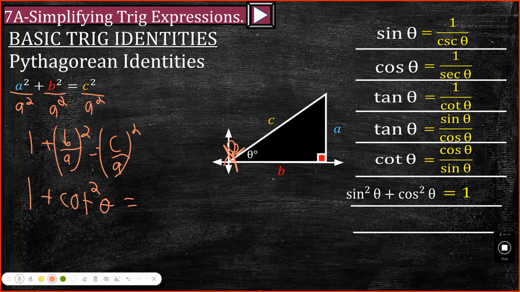Cosecant. If you don't learn these basic identities, you're going to be lost the whole time in this chapter. You better learn these identities very well. That's the second trig identity.